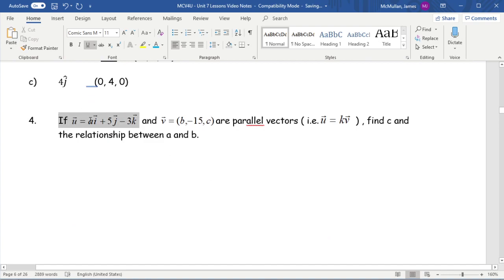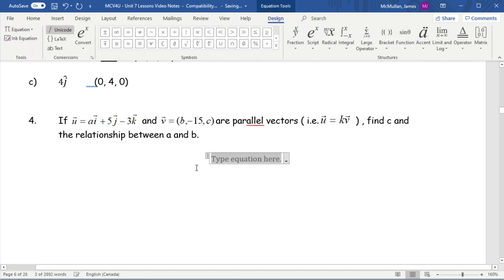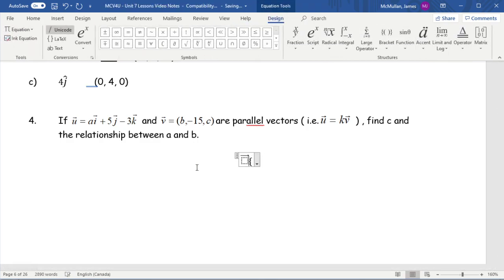Okay, if u is ai plus 5j minus 3k, and v is (b, -15, c), and they are parallel vectors, find c and the relationship between a and b. Okay, so let's write this out. Vector u would be (a, 5, -3).